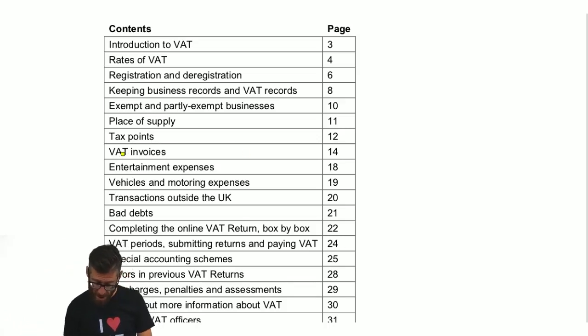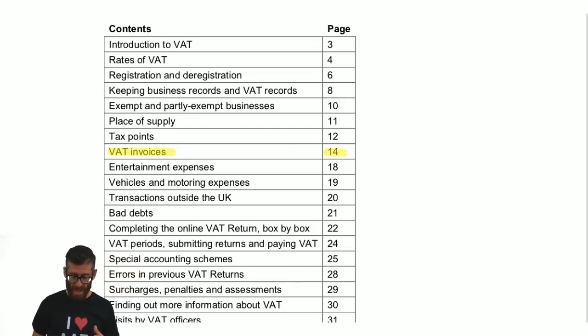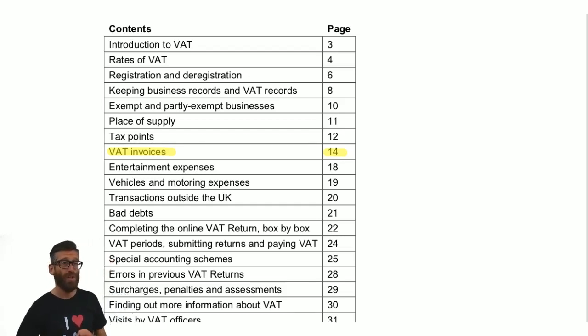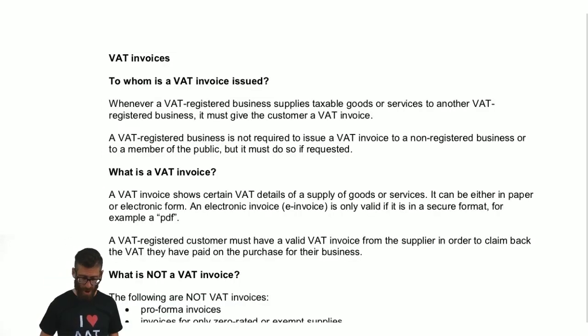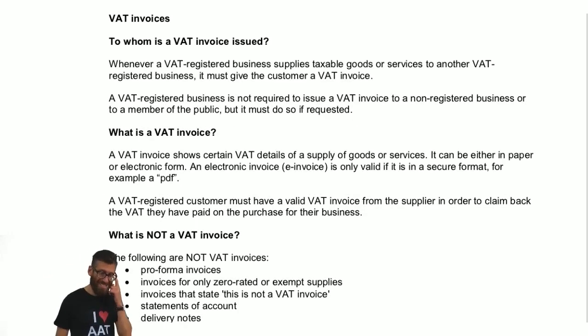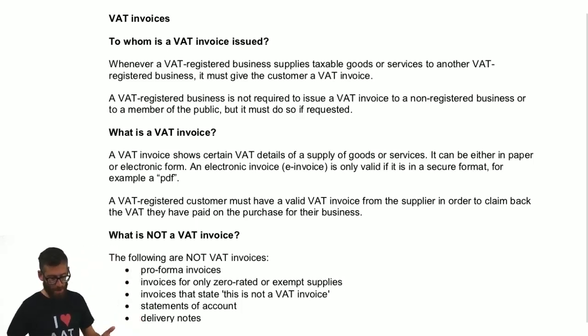Now, in this session, we're looking at VAT invoices, which is on page 14. And the significance and the importance of this, and the reason why you've got to have looked at it in advance, is that there is so much information tightly congested here on page 14 under VAT invoices. Now, I'm not going to read this to you word for word, but these are the things that you must know.